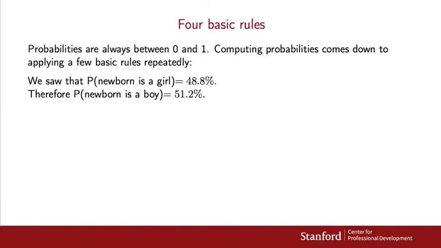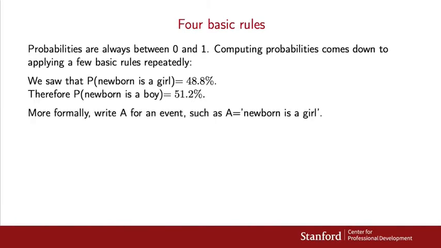And that's already our first rule. To write down rules, it's convenient to abbreviate events such as "newborn is a girl" with capital letters such as A. So our first rule, which is called the complement rule, says that the probability that A does not occur is 1 minus the probability of A. This is called the complement rule because "A does not occur" is also called the complement of A.